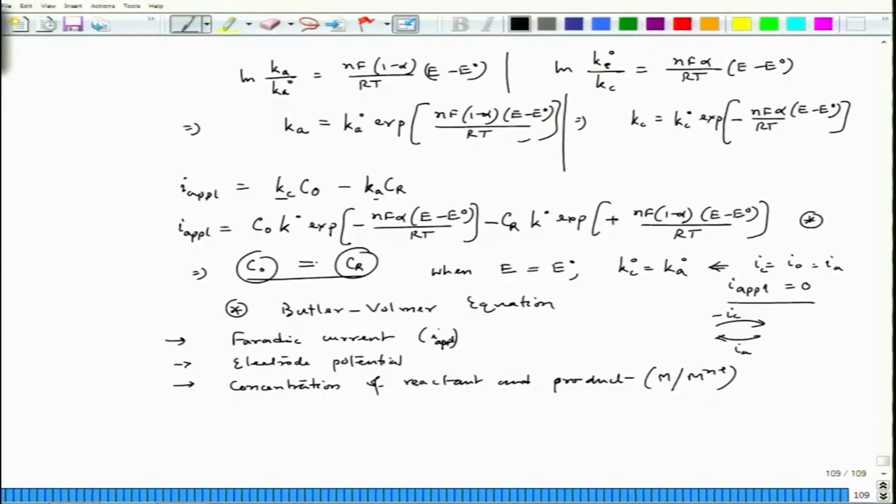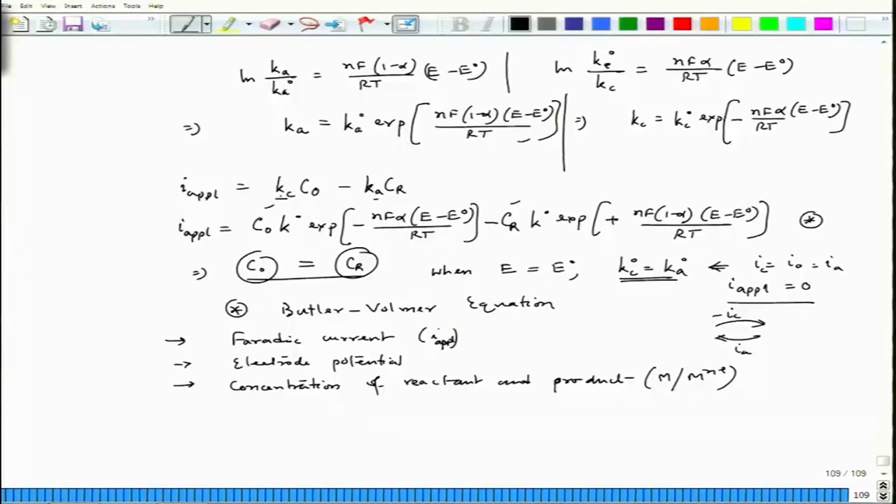So, in that situation, the concentration of this reactant as well as product, or concentration of oxidant and reductant, both are same, and that time we have gotten this particular relation. Now, when it actually polarized, that time this concentration may change depending on whether it is activation polarization or concentration polarization.